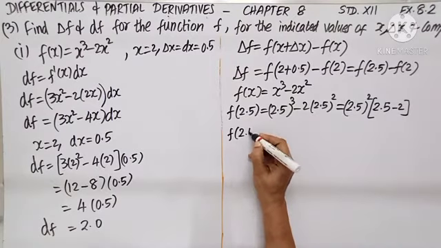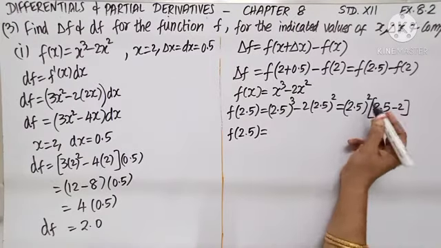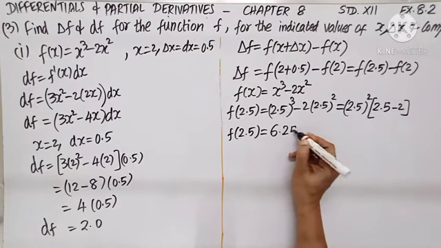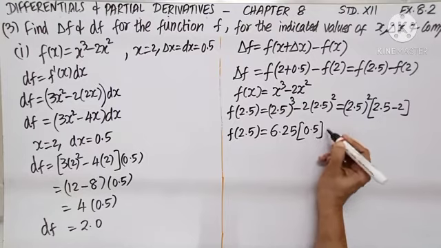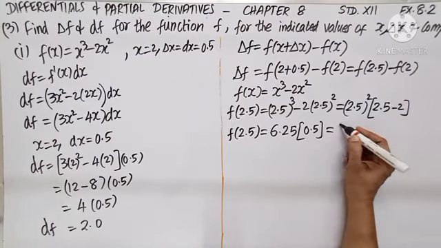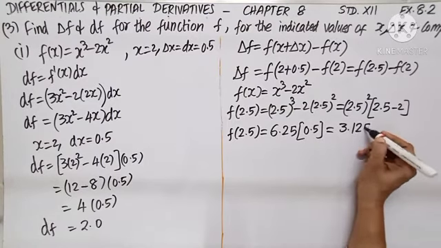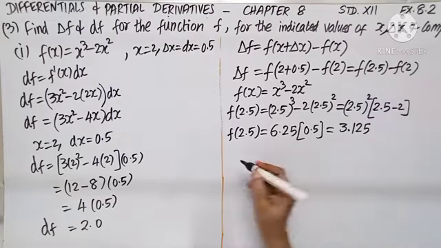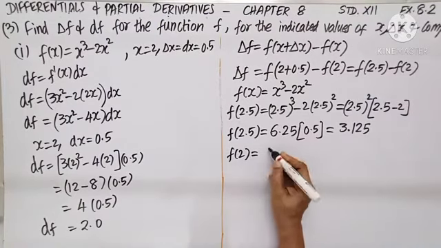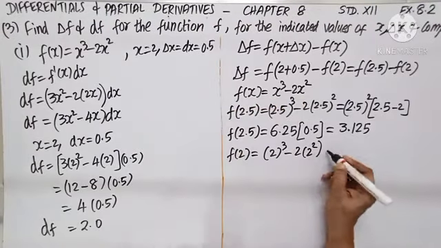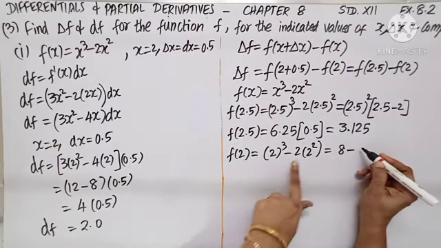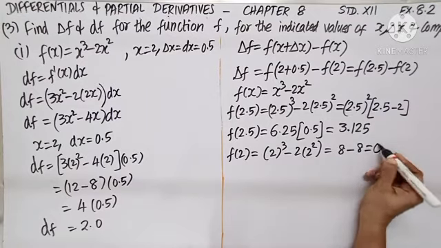Or f of 2.5 is 2.5 the whole square, 6.25, times 2.5 minus 2, 0.5. Multiplying, we get 3.125. Finding f of 2, it is 2 cube minus 2 into 2 square, 8 minus 8, that is 0.